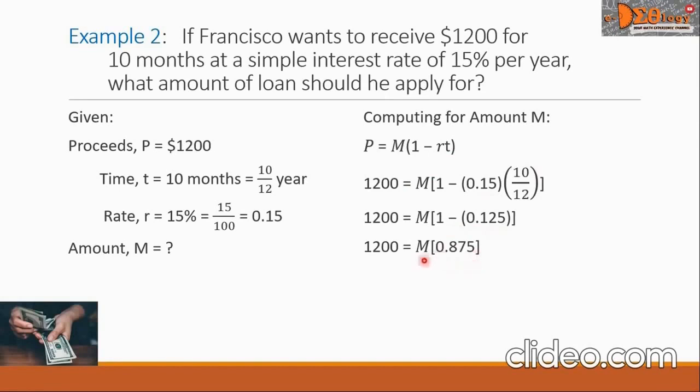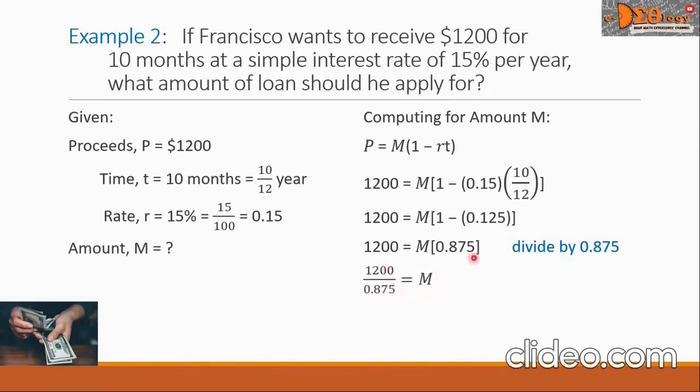So this decimal here is the coefficient of M. We want to know the M, so we will divide this equation by the coefficient of M, and that is the 0.875. So the left side, the 1,200 divided by 0.875 will appear like this, and equals, the right side becomes M alone.